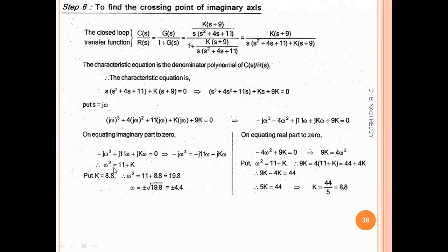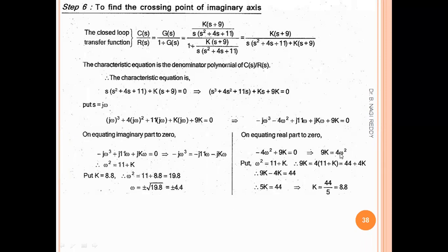But here we are stuck with omega square equal to 11 plus k. Okay, stop here and equate the real part to 0 and calculate the value for k, and you will get 9k is equal to 4 omega square. So the k value can be determined by 4 by 9 omega square.